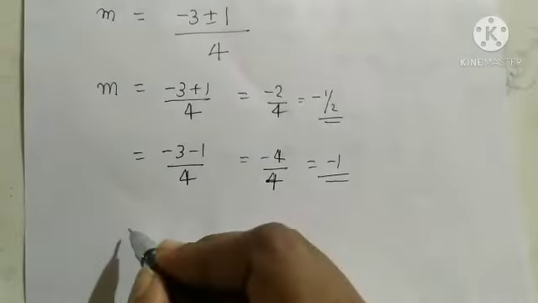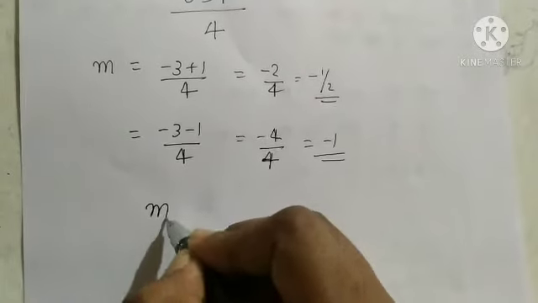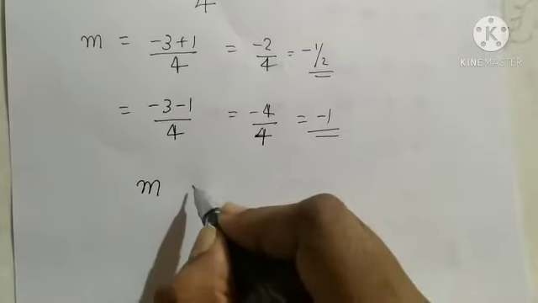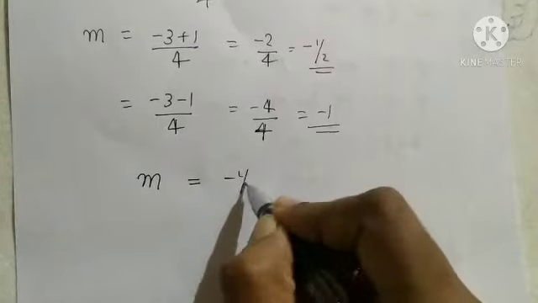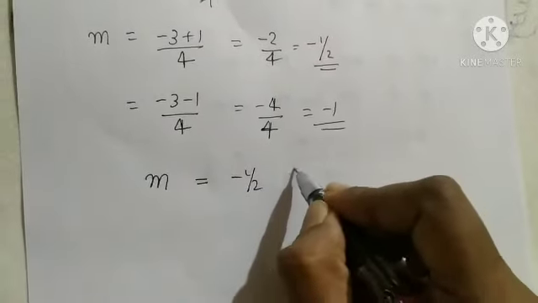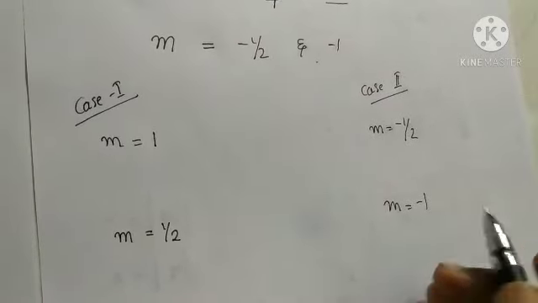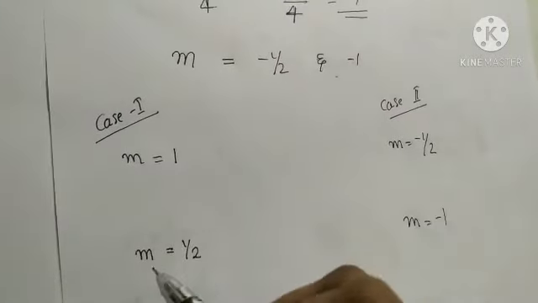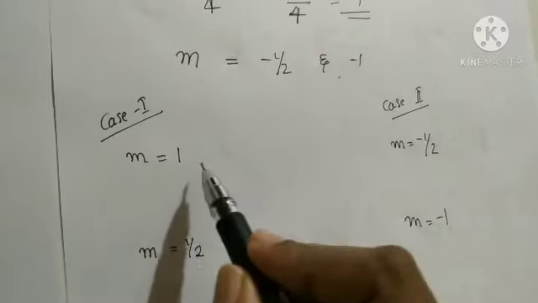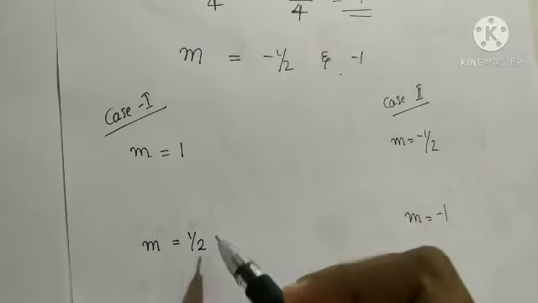So the values of m are minus 1 by 2 and minus 1. Okay. So in case 1 we get two values of m. First value is 1 and second value is 1 by 2.